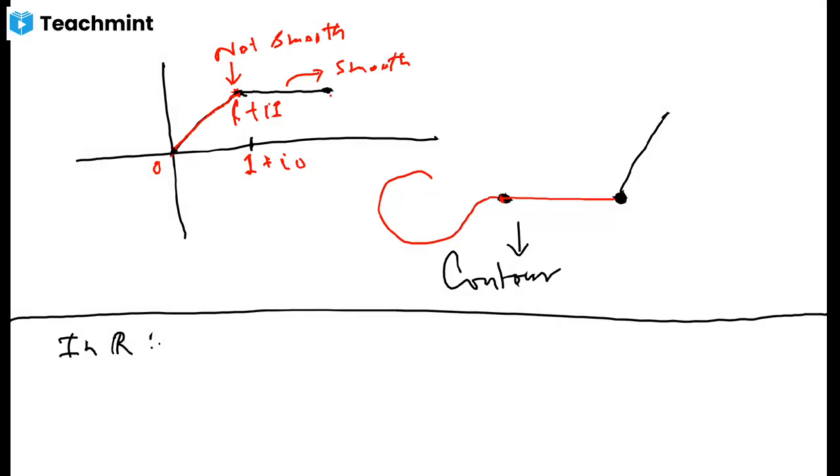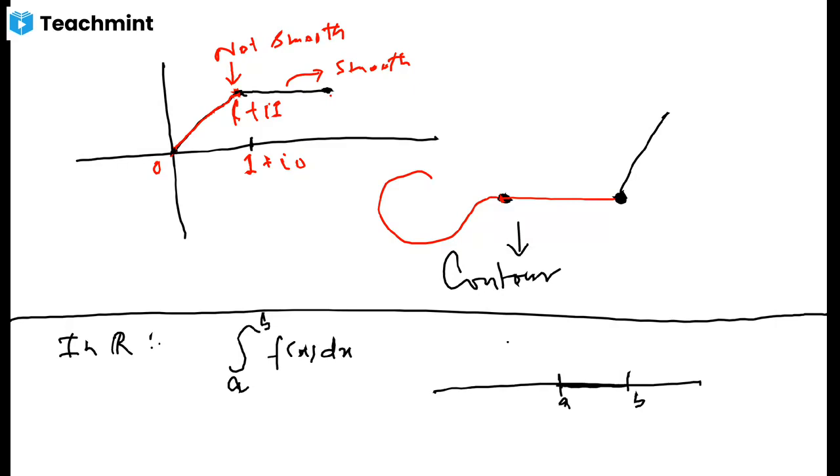But what was there? You already studied integration with limits from some point A to B, where A and B are real numbers. That means you have the real line only. You have an A, you have a B, and you are following a straight line path from A to B.